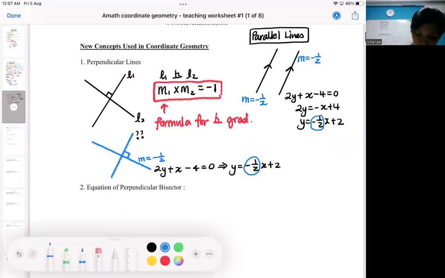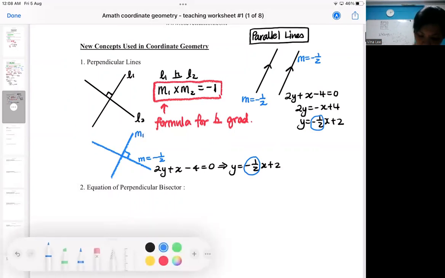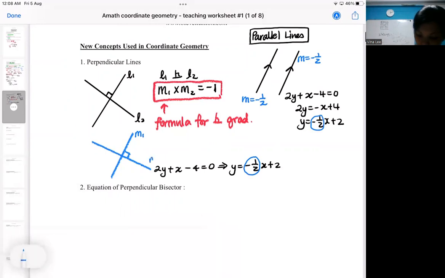Then what about the other one? Maybe we label this as M1 and the other as M2. How are you going to find M1? You put it into the formula: M1 times M2 equals -1.